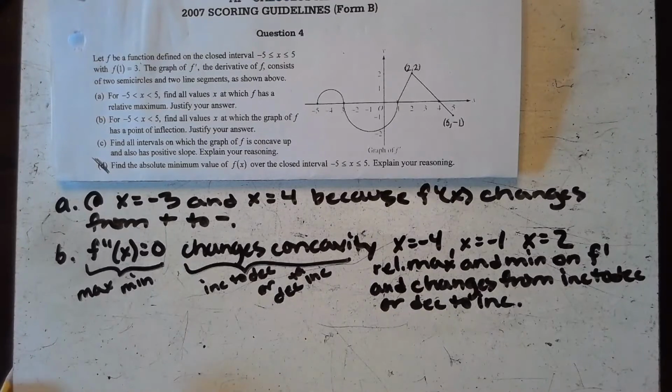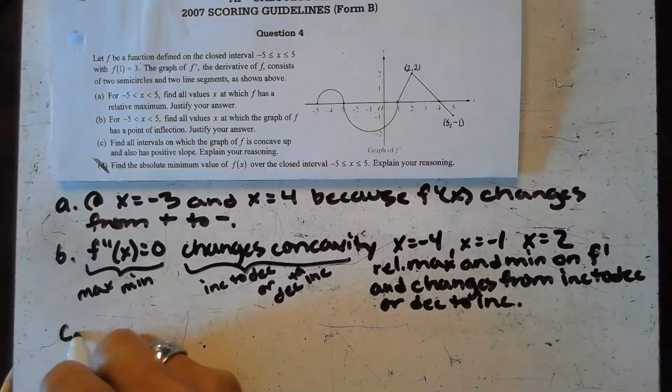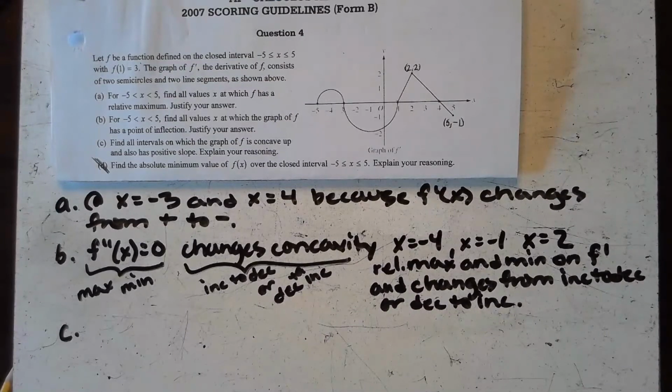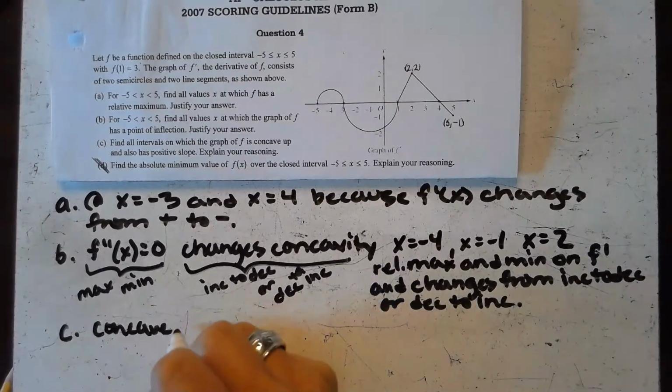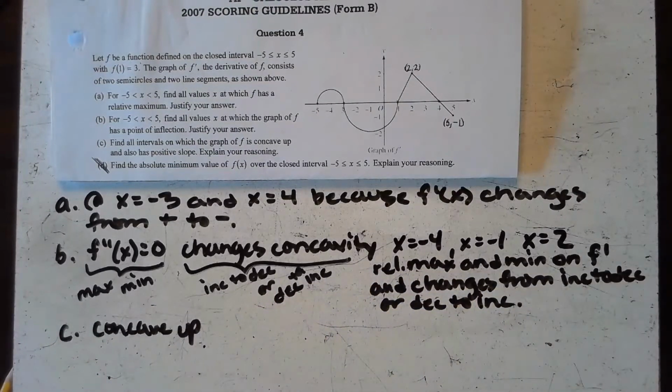Okay, and lastly, part C says find all intervals, so we're looking for an interval on which the graph of f is concave up and also has a positive slope. Okay, so here we go. Concave up is when f prime is increasing.